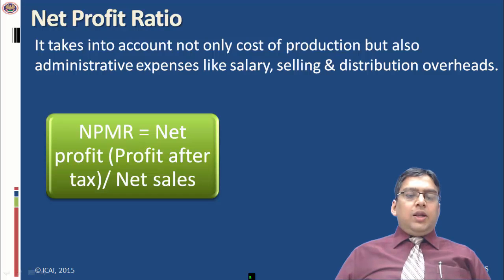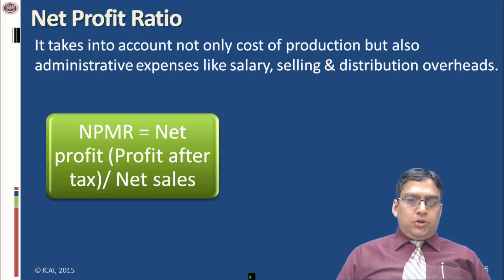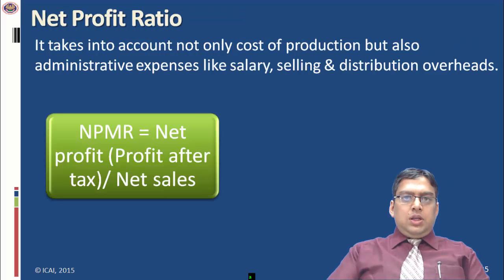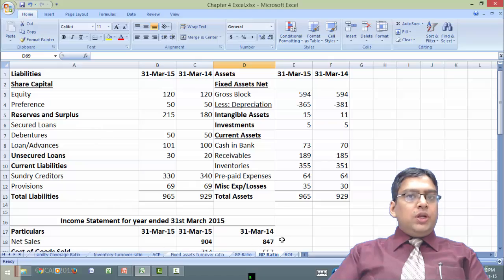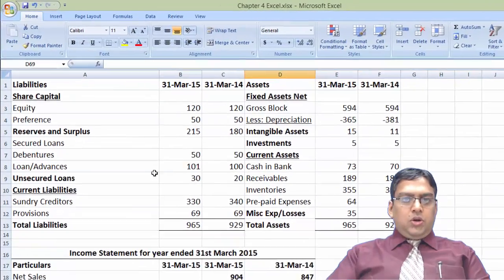Net profit ratio. It takes into account not only cost of production but also administrative expenses like salary, selling and distribution overheads. Net profit margin ratio equals net profit divided by net sales. Let's take an example. That is the common balance sheet we use in every example.